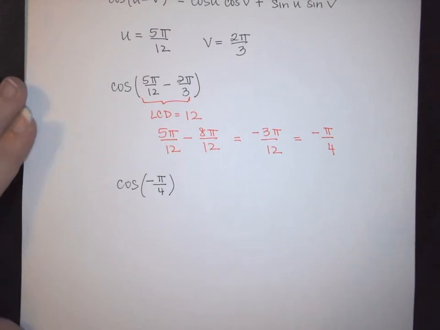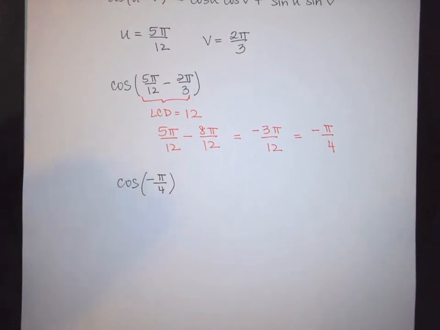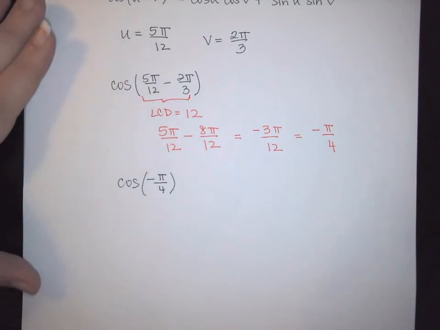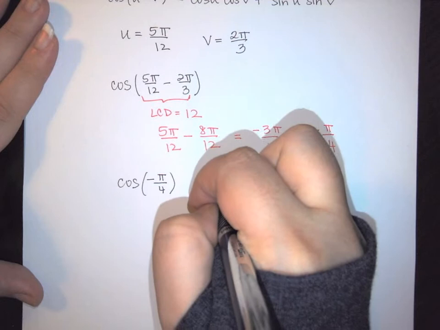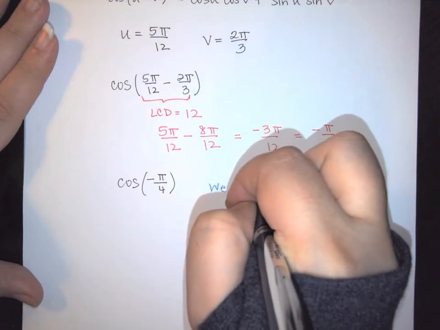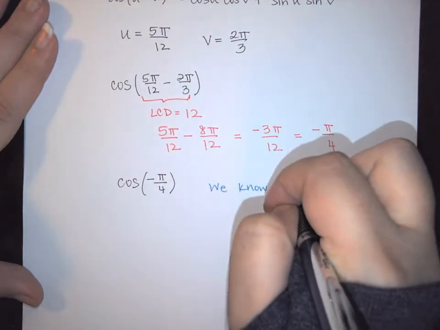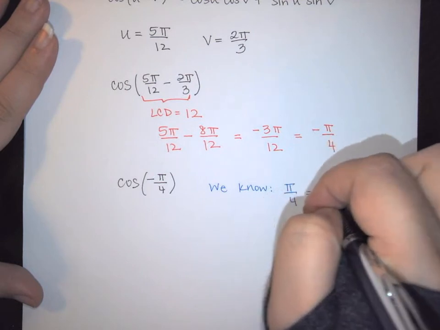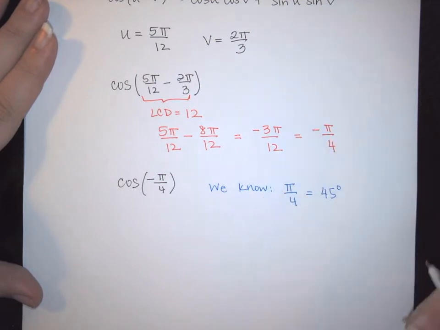So we need to do a little bit of looking here. First and foremost, what are some things that we know? As an aside, we know that pi over 4 is equal to 45 degrees.